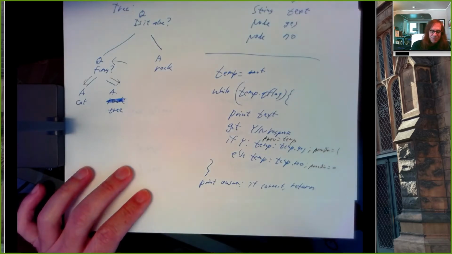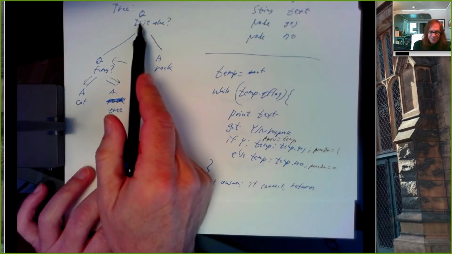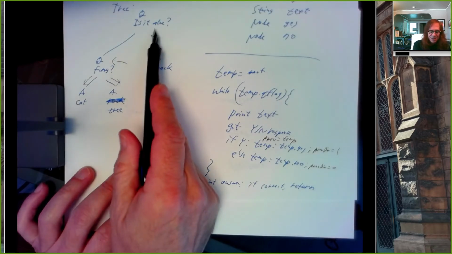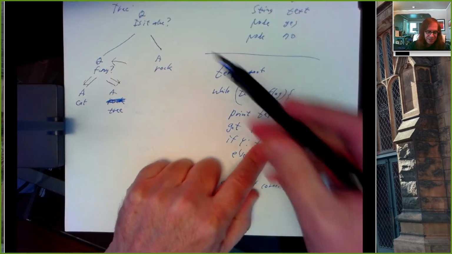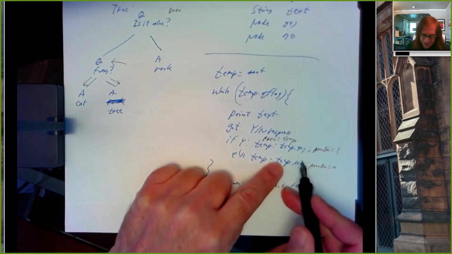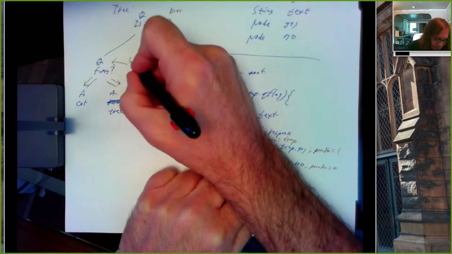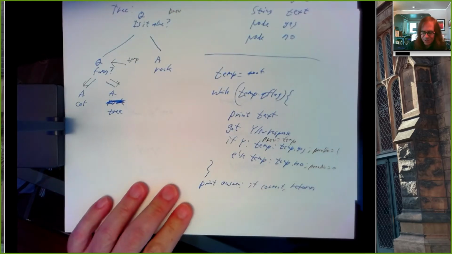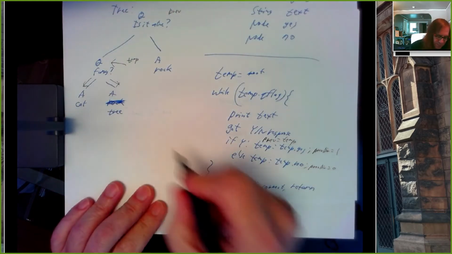Alright, so what happens when we play this game? We start off here. This is going to be a question, we're guaranteed. We'll say, is it alive? The person says yes. So we'll set previous equal to this node. We'll set temp equal to temp.yes, so this is temp. We'll set previous direction equal 1.